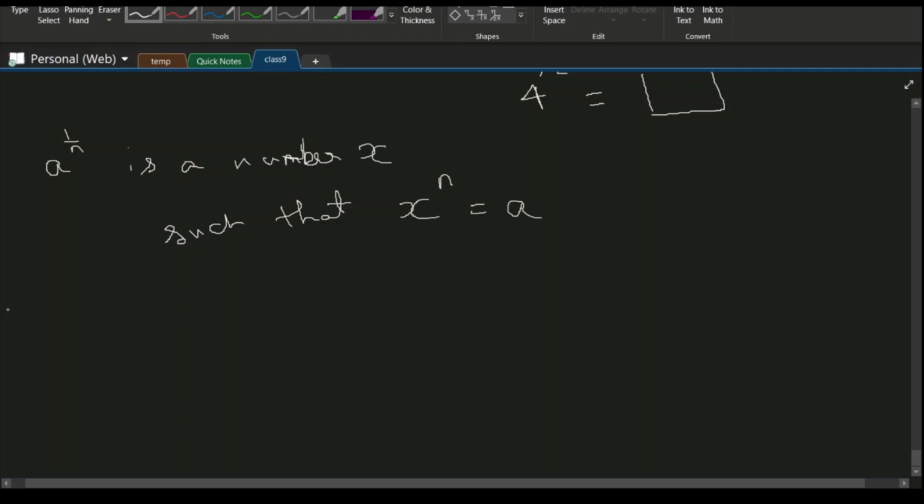Instead of a and n, let's write some concrete numbers, then you will understand properly. Let's say 4 to the power half.